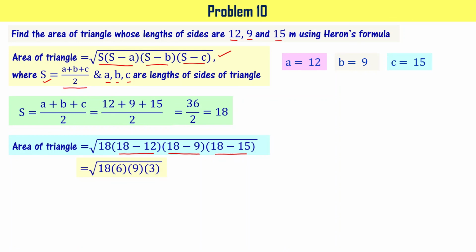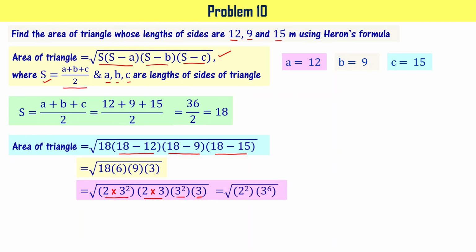Let me rearrange it and write it as 18 as 2 times 9, that is 2 times 3 square, and 6 as 2 times 3, and 9 as 3 square, and let's keep 3 as is, so that it can be now written as square root of 2 square times 3.